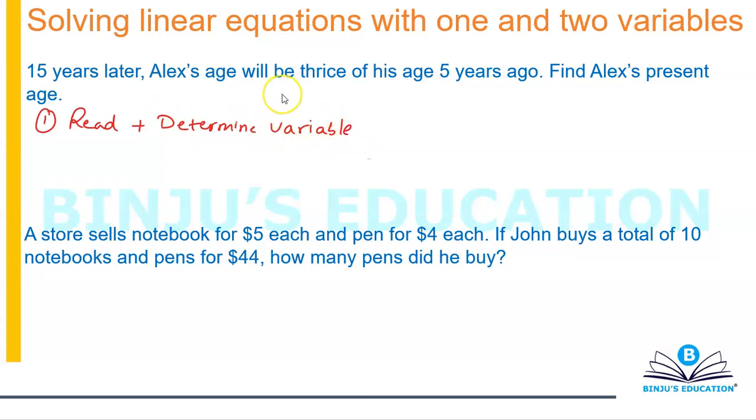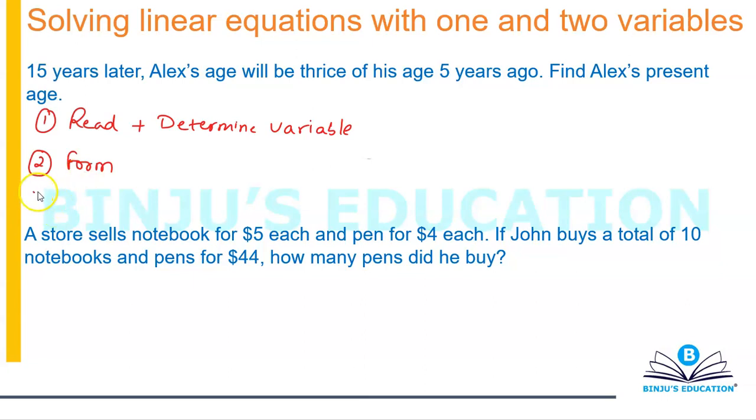For example, in the above question, I'm going to take age to be a variable. Let the present age of Alex be x, or whatever you want to take it to be, a or y, that's completely your call. The second step is that you need to form the equation, using the data that is given to you in the question.